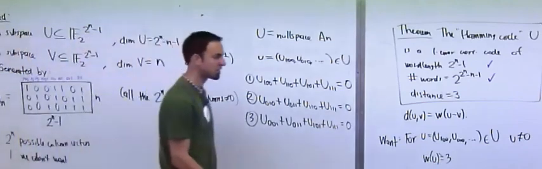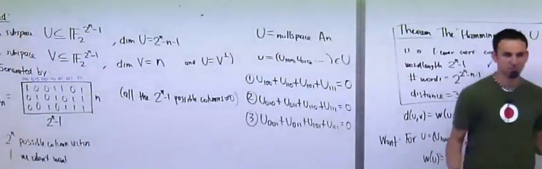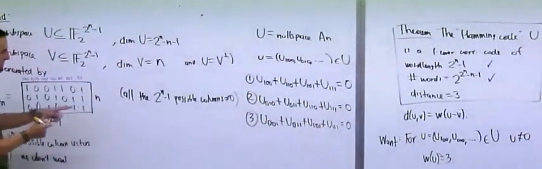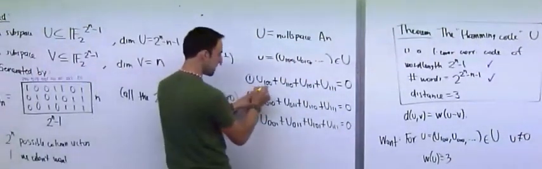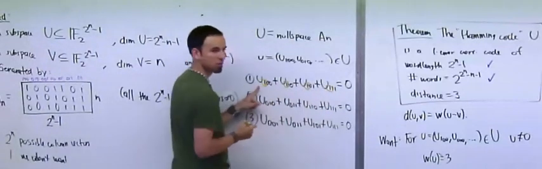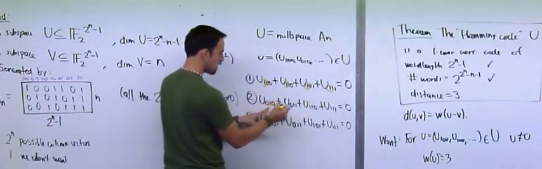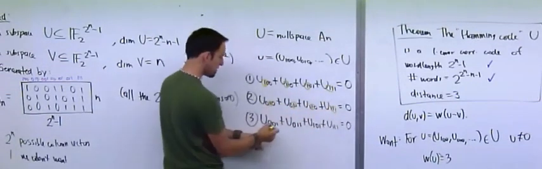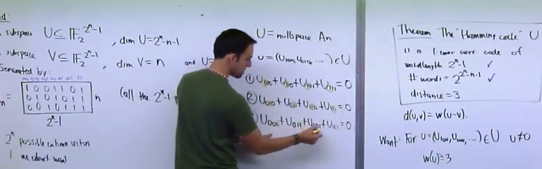You picked up all the vectors that had a 1 in the first spot, and then all the ones that had a 1 in the second. The first equation involves the ones that have a 1 in the first position. The second equation has the ones that have a 1 in the second position. The third equation has the ones that have a 1 in the third position.